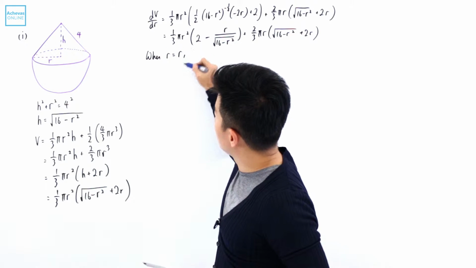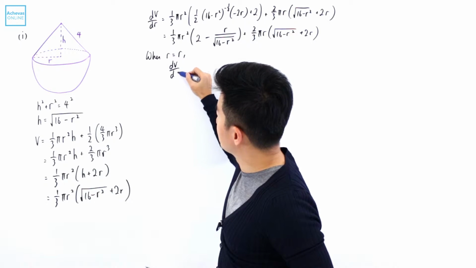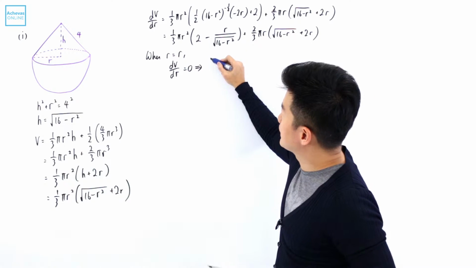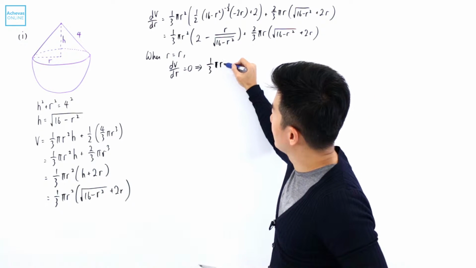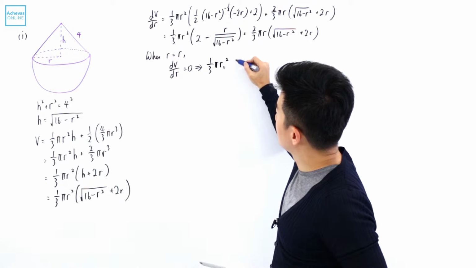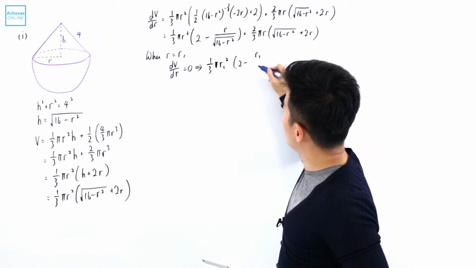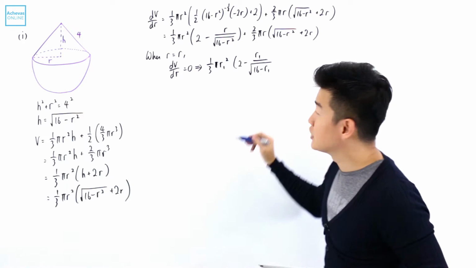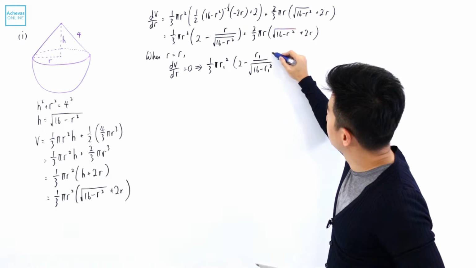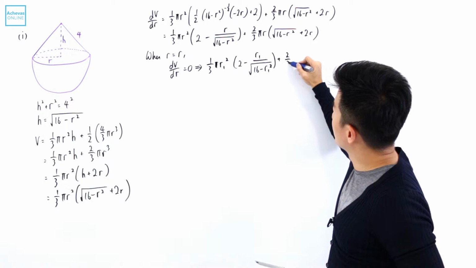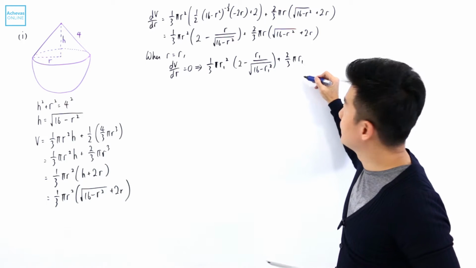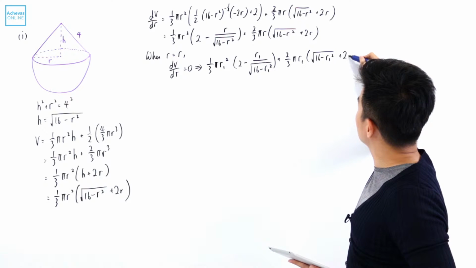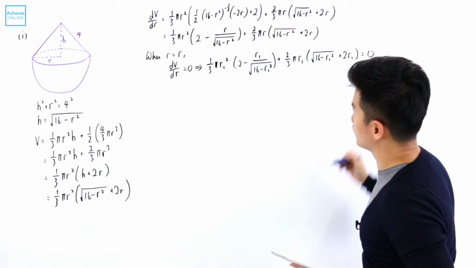When r is equal to r1, the volume is the maximum, so dV/dr is equal to 0, which means that 1 over 3πr1² times (2 minus r1 divided by the square root of 16 minus r1²), plus 2 over 3πr1 times the square root of 16 minus r1², plus 2r1, is equal to 0.